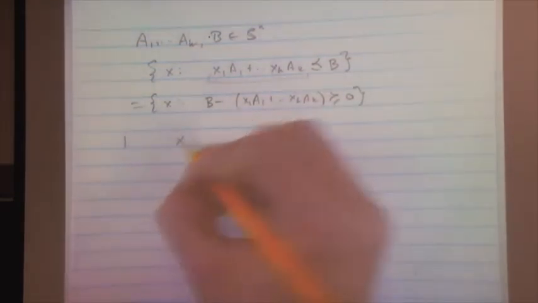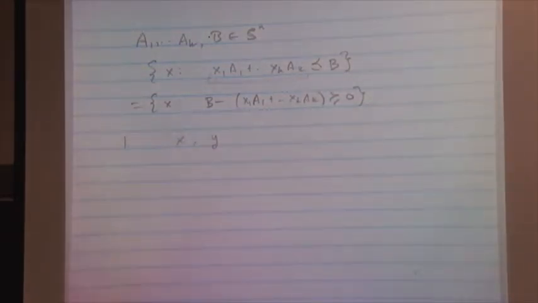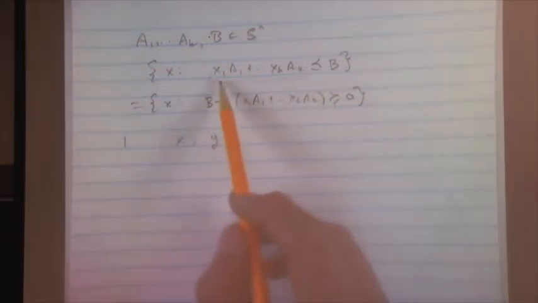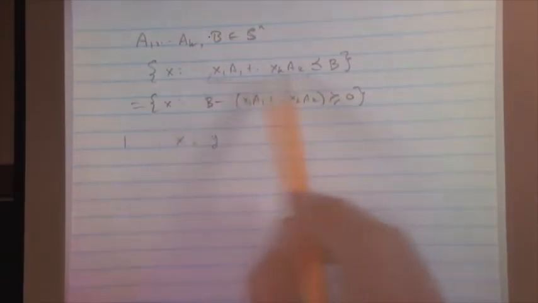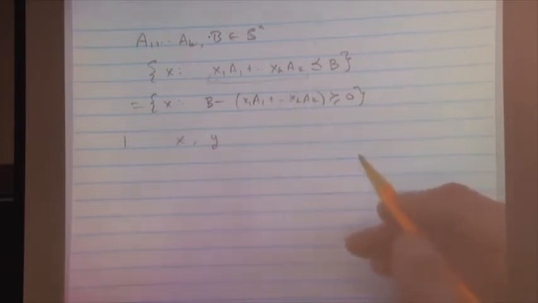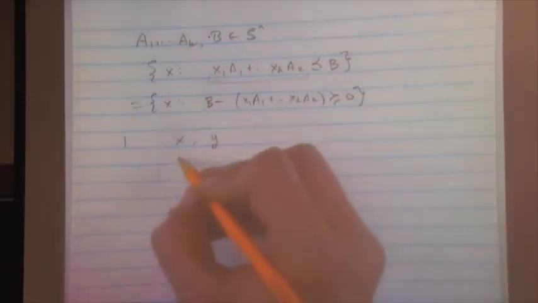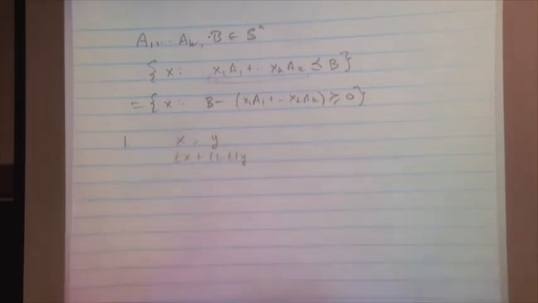So let's suppose I have a point x and a point y both in the set. That means that they both satisfy this. So if I take the linear combination of A's with the x points or with the y points, they both are less than or equal to B in the matrix sense. So now I want to prove that tx plus (1 minus t)y is in the set.